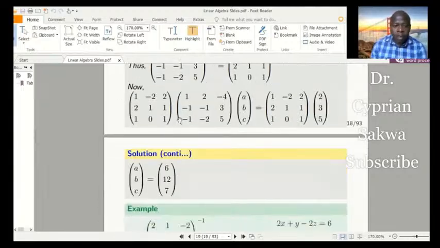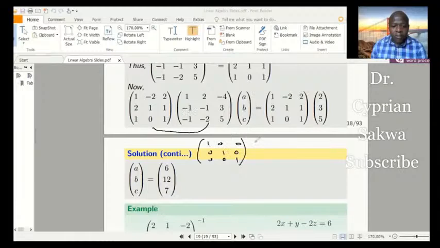So when you multiply these, since these two are inverses of each other, they'll give us the identity matrix. A matrix times its inverse gives us the identity matrix. So these two would give us this, then times ABC.